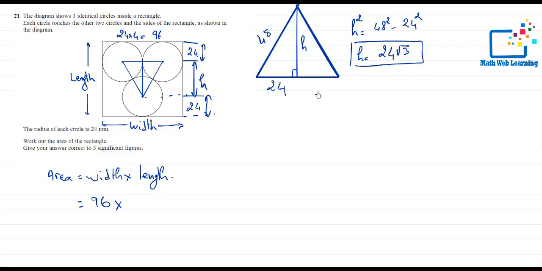So what is the length? Let's go back to our length. This one here is going to be 24 and 24, which is 48. Add the height, which is 24 square root of 3. Now, do I need at this stage to calculate it and give it as a decimal number?